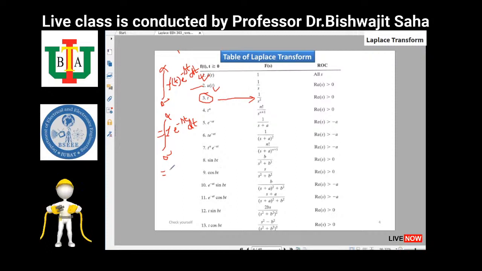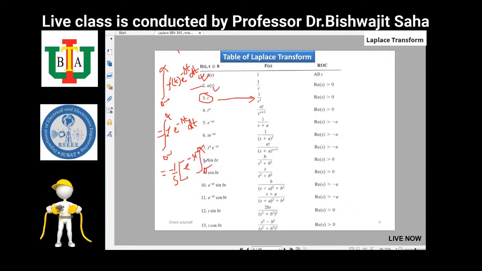So from here, what is the integration? Minus 1 over s e to the power minus st, from 0 minus to infinity.